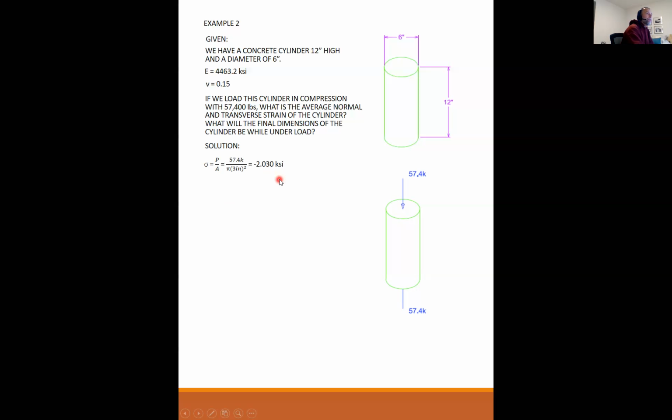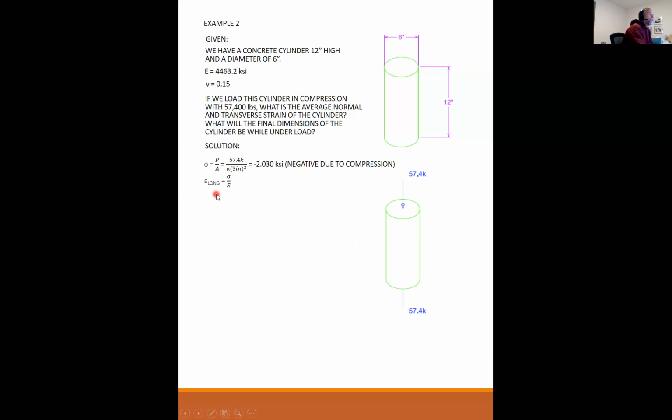By the way, in concrete design, if this concrete doesn't explode until about 6 KSI, then at 2 KSI, we're still more or less in the elastic range for the concrete. So these equations are only applicable because we're still in the elastic range of this material.